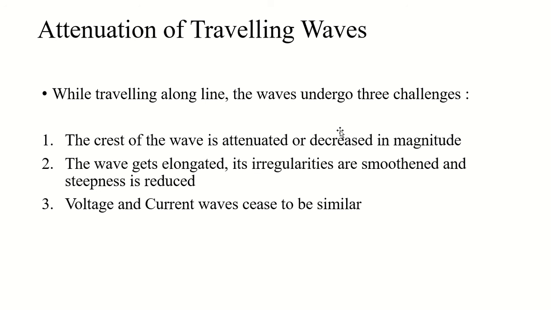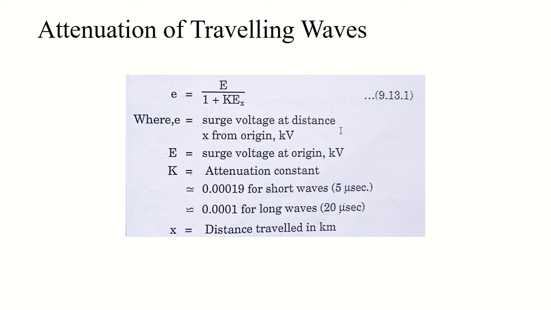So this initial peak is removed by the time the wave travels 2 to 3 kilometers, and after that the attenuation continues at a slightly reduced rate. So the center and the tail of the wave are built at the expense of the front. That's why the value gets decreased.